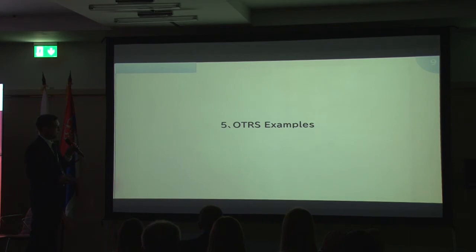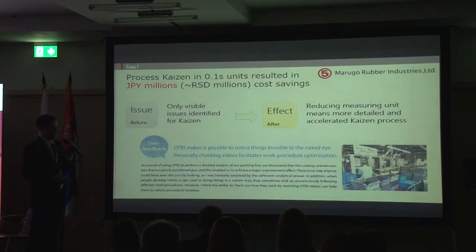And we have a couple more examples that we wanted to show you from the OTRS, which is the original program. This is a very interesting example by a parts manufacturer. They make small rubber parts, and because they make small rubber parts, creating one part doesn't take that long.